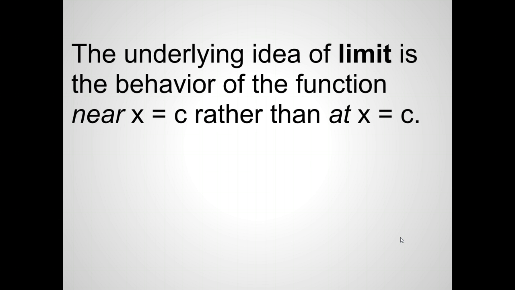Sometimes limits are actually equal to the value of the function at a point. For example, the function f of x equals x squared. We know it's a continuous function, a parabola, and we want to look at the limit as x approaches 2. Let's take a visual of this for a moment.